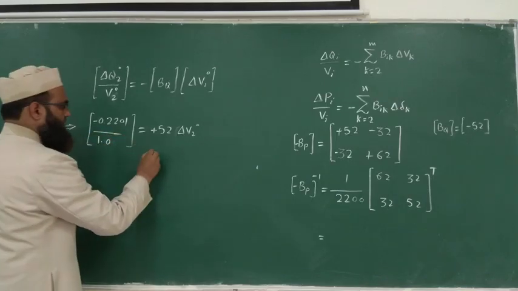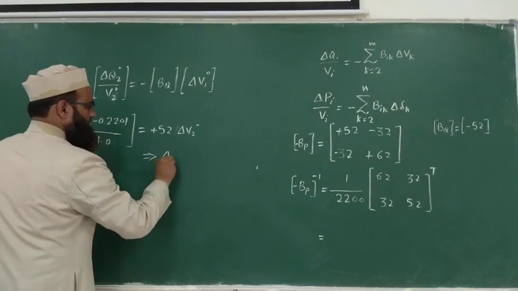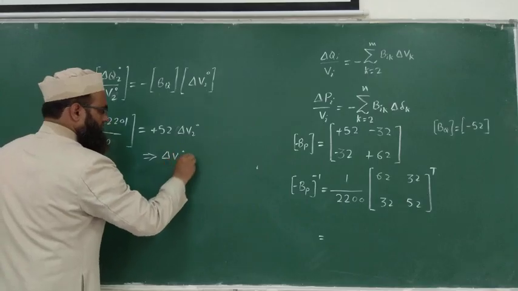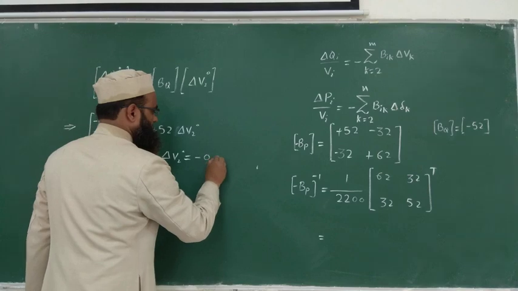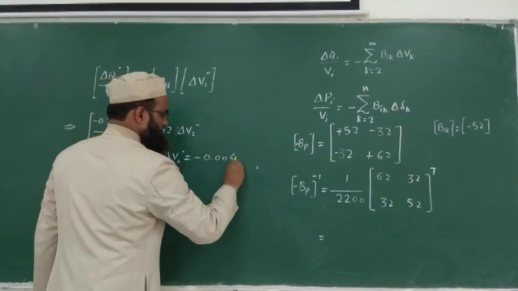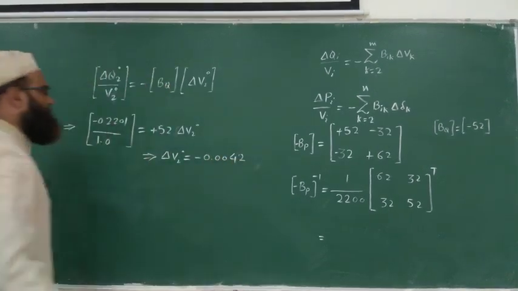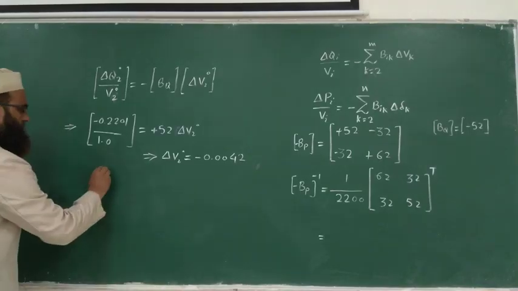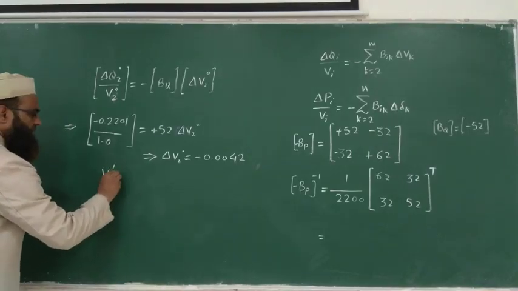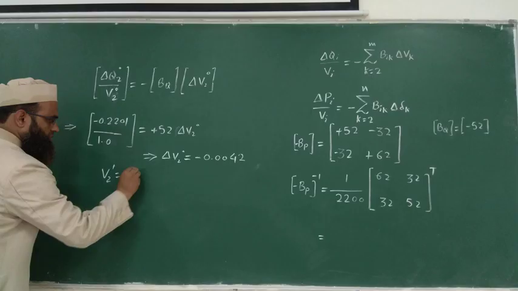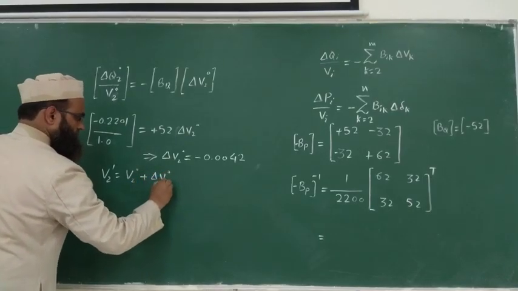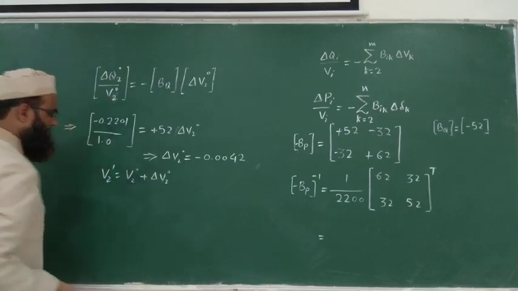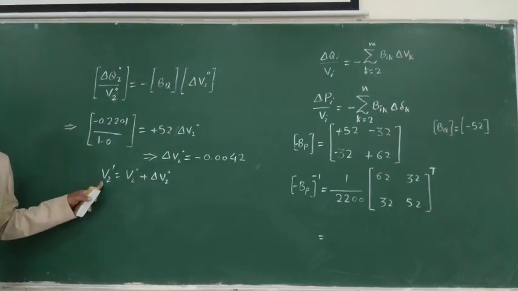So this way you will write, this implies del V2 0 is equal to how much? Minus 0.0042 in per unit, right? So therefore you may write V21 as V20 plus del V2, the third variable at the end of first iteration.